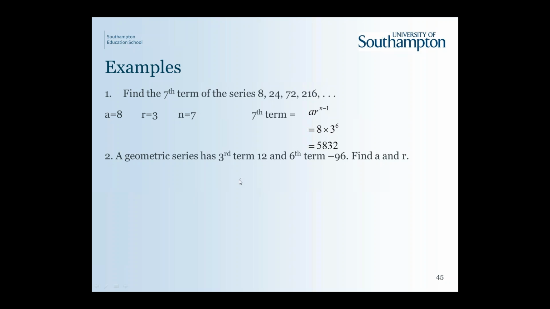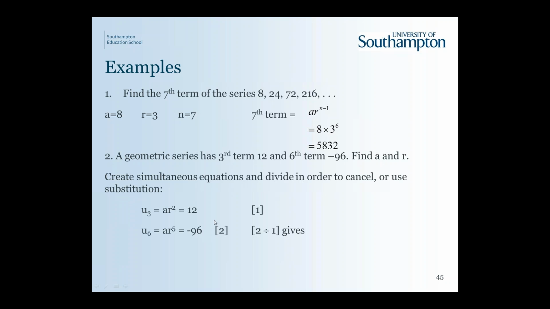Write out what you have. We know that the third term is AR squared. That's 12. We know that the sixth term is AR to the 5, and that's minus 96. With these two, when you have normal simultaneous equations, you take one away or add one.